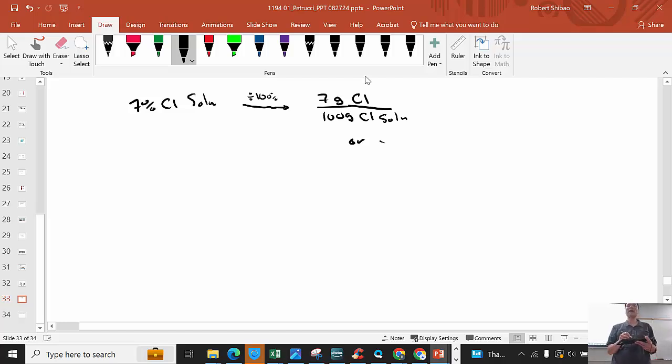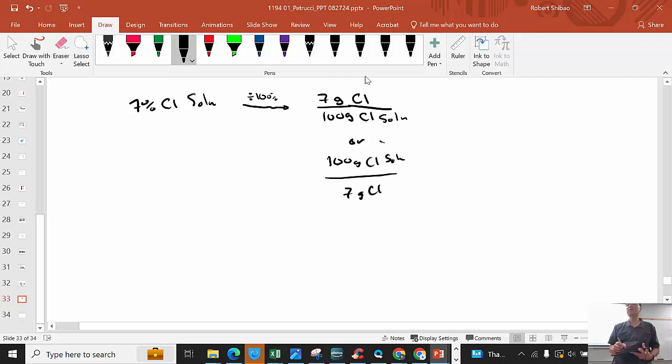It doesn't matter if you have a gallon or a million grams, it's going to be in this ratio. So for example, if I had 1,000 grams of chlorinating solution, I'm going to have the same ratio. Rather, it's going to be 70 grams of chlorine per 1,000 grams of chlorinating solution. So it's always going to occur in the same ratio. That's an intensive property. And so I could flip this over. If I have 100 grams of chlorinating solution, it's going to be 7 grams of pure chlorine in that.